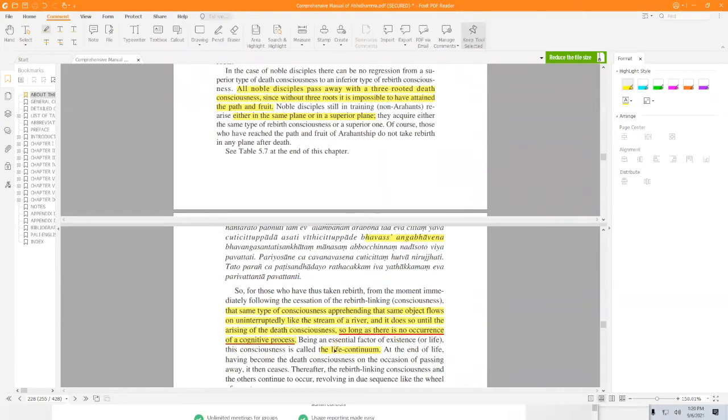And so that is the bhavanga, which is so called because it is considered the factor of existence. The word for factor is anga, and existence is bhava. So that which is the factor that maintains the continuity of existence is called the bhavanga.